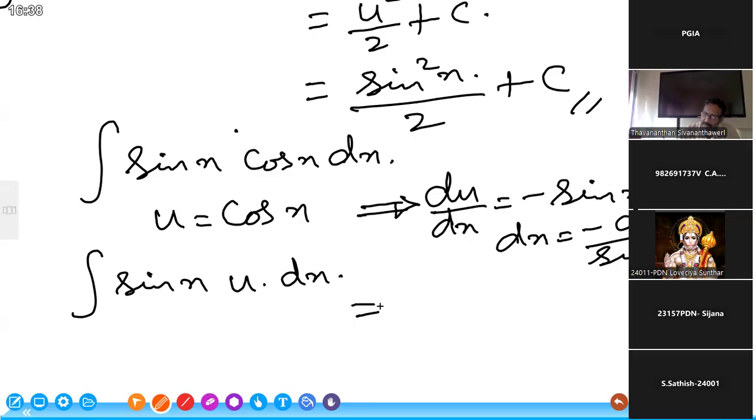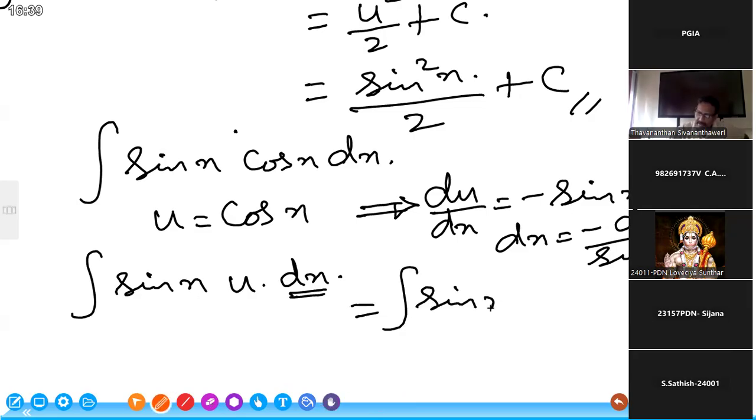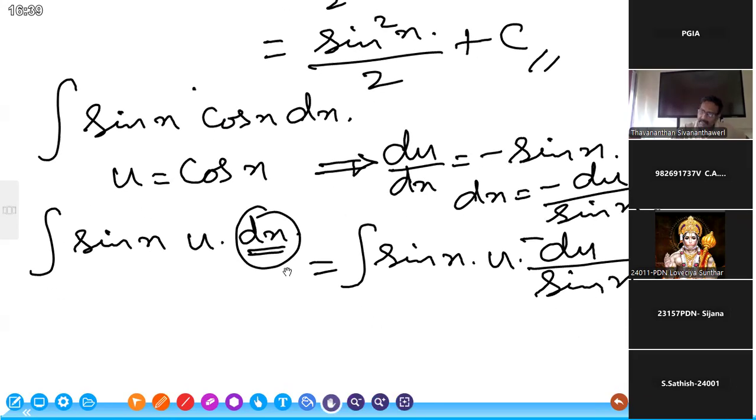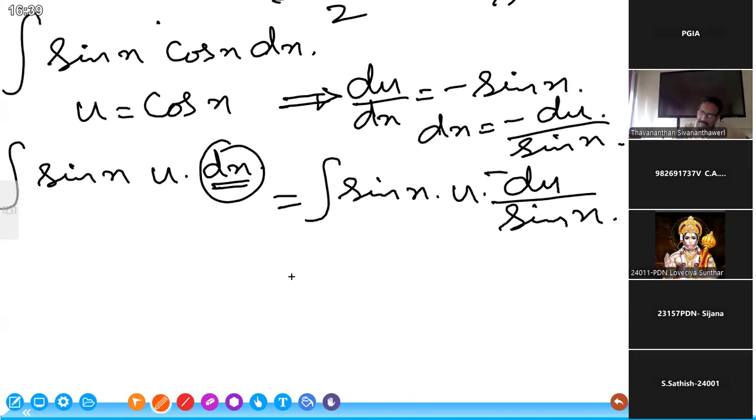We substitute the value for dx, that is integration of sin x into u into dx. Instead of dx, we write minus du by sin x. Then take the minus sign in front of the integral.